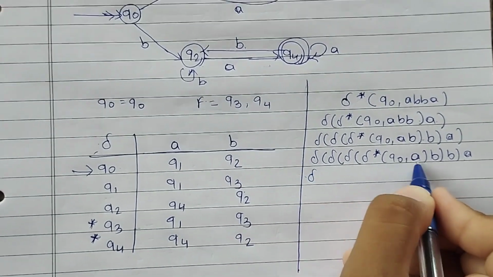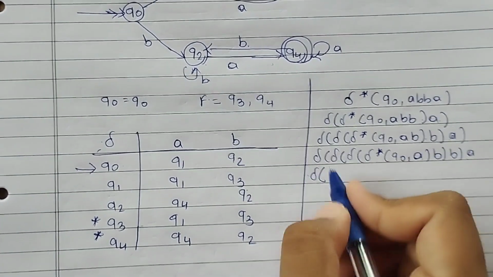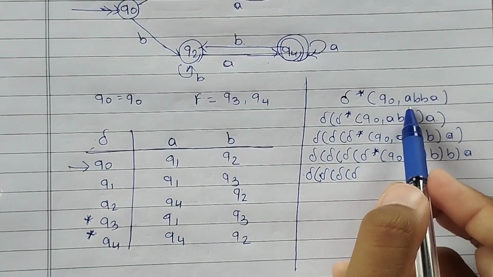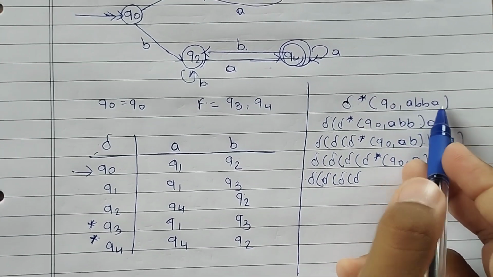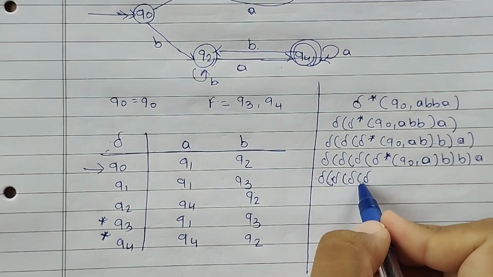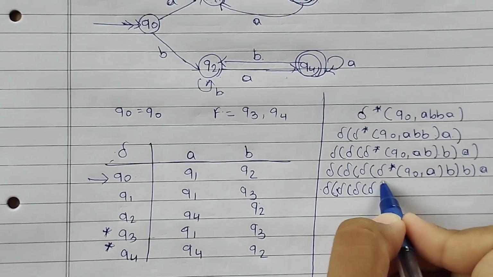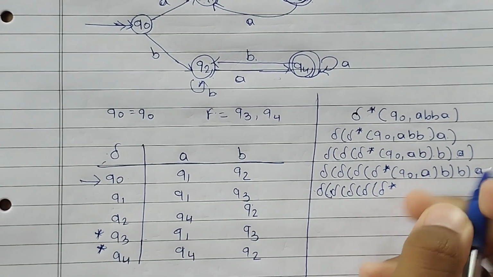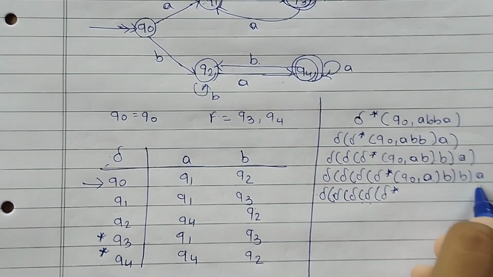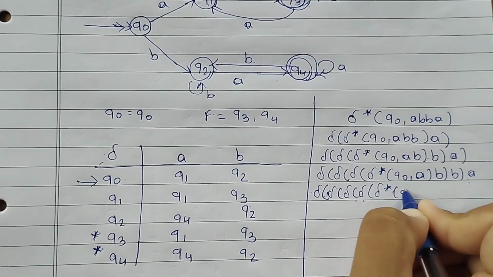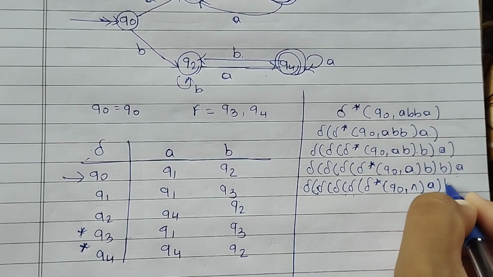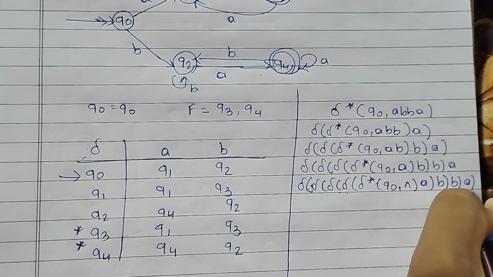If 4 symbols are present in the string, then 4 times delta are written, and delta star starts from the initial state.